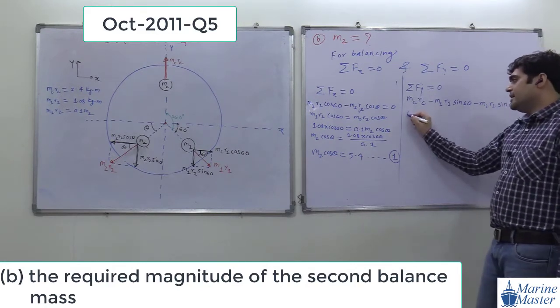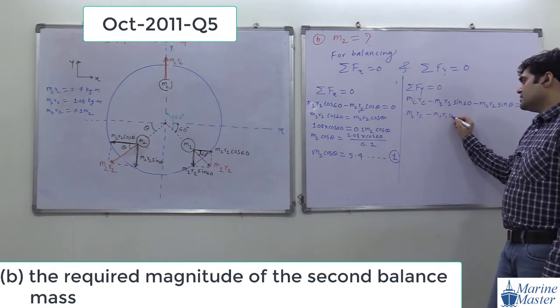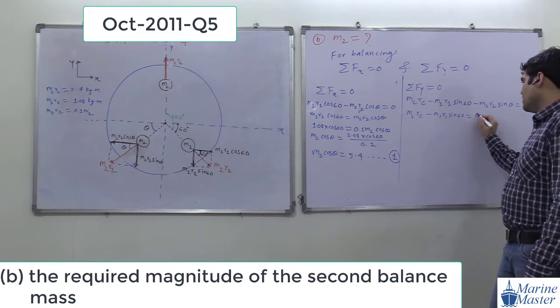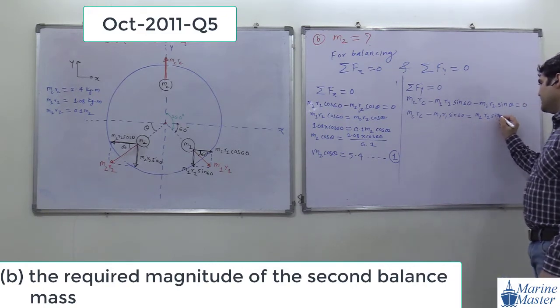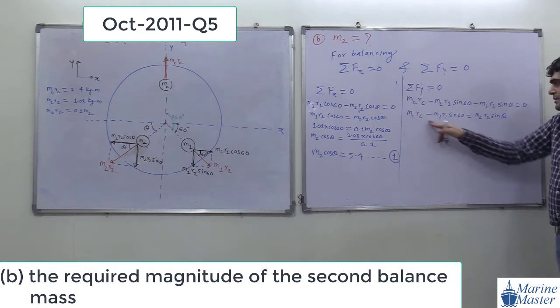So we can write it like this: MCRC minus M1 R1 sin 60 is equal to M2 R2 sin theta. Can I write like this?